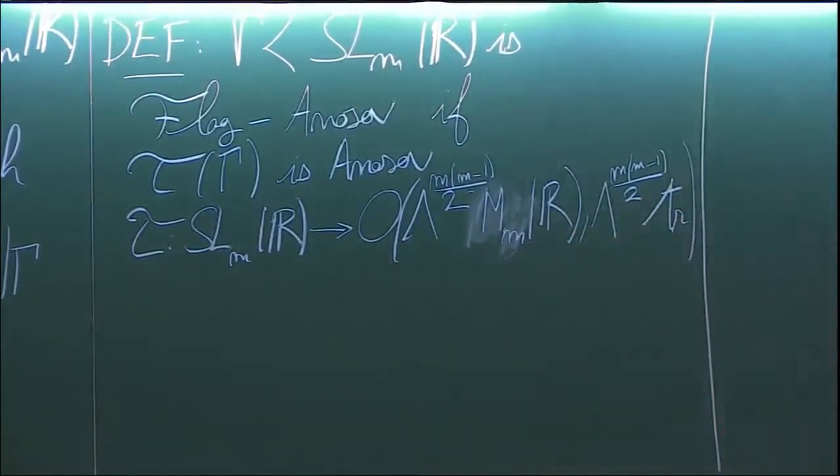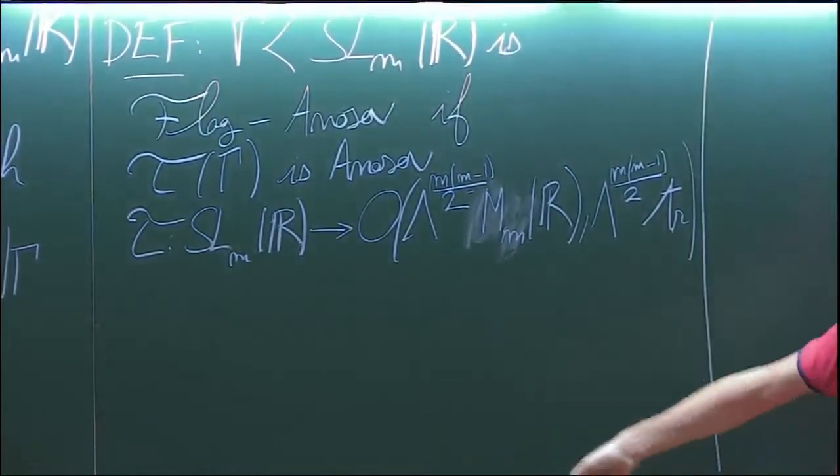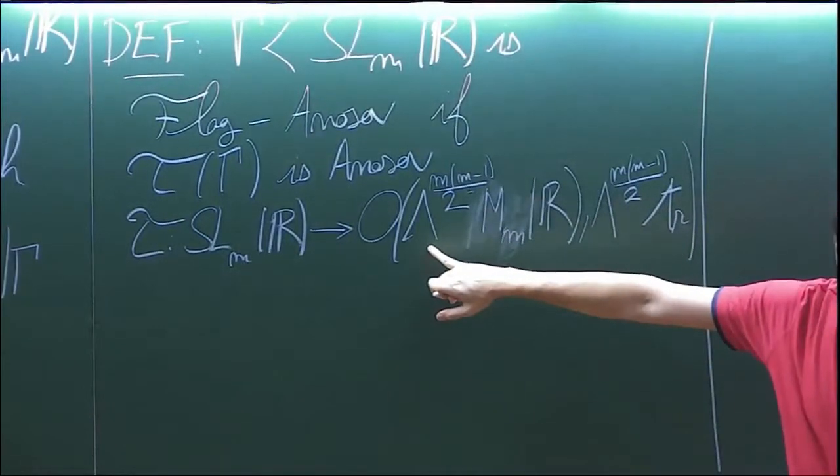Okay. So I have an orthogonal space where SL(m) acts. It's the space of matrices with a trace, and I'm taking this exterior power.